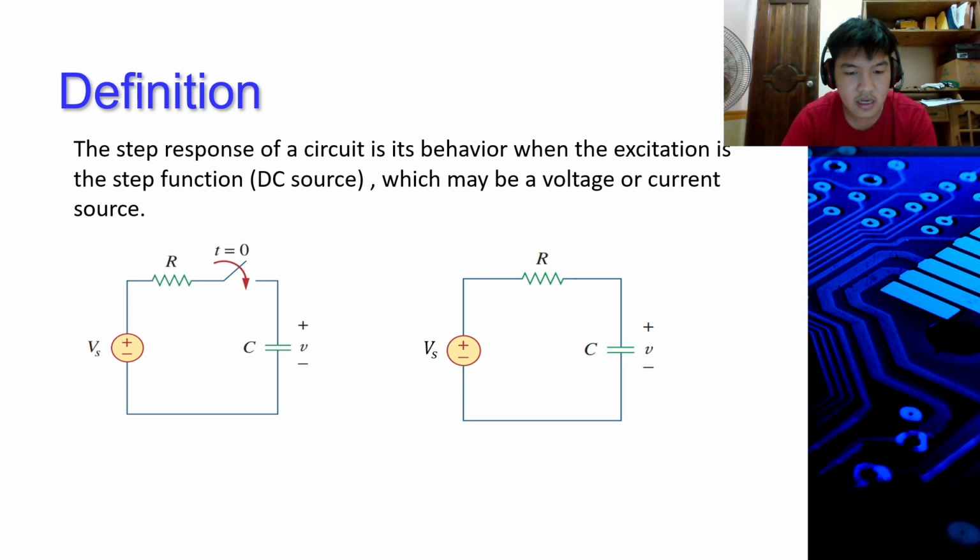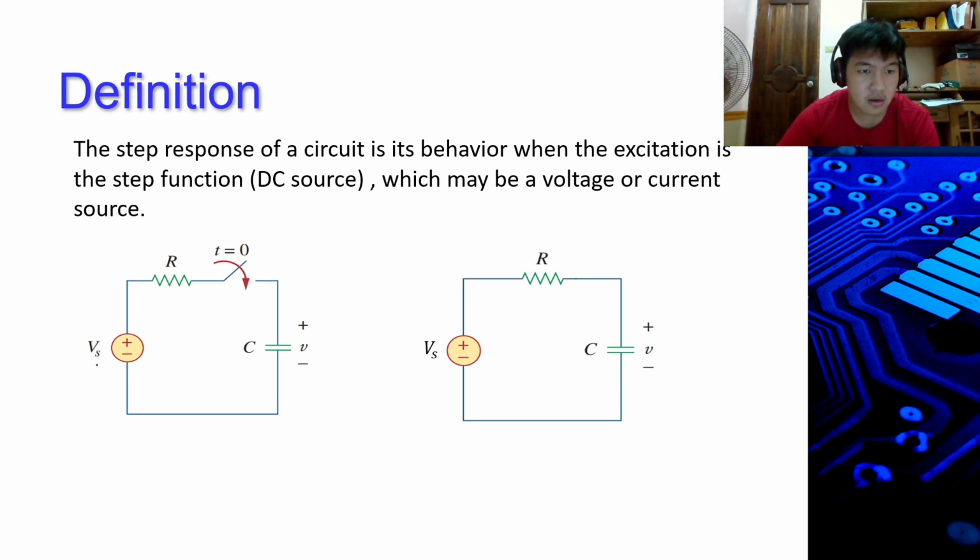Let's consider an RC circuit with a DC source Vs. The step response of a circuit is its behavior when the excitation is a step function or DC source, which may be a voltage or current source.